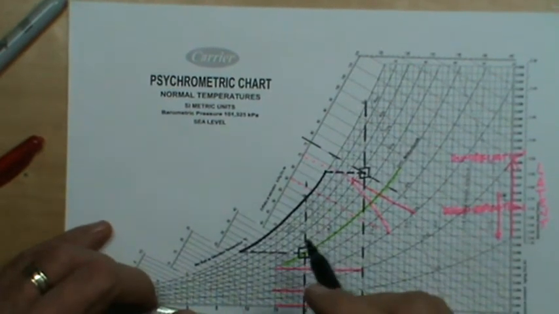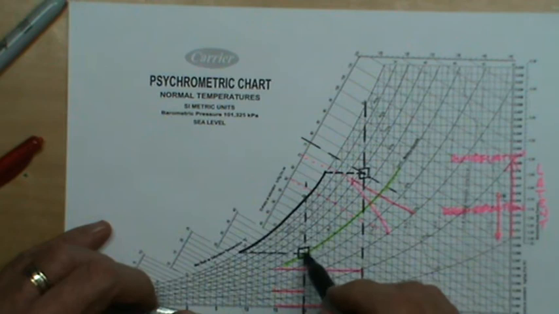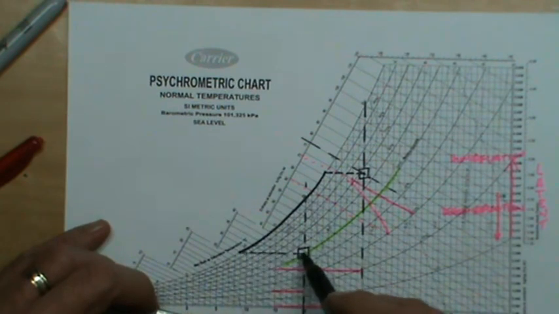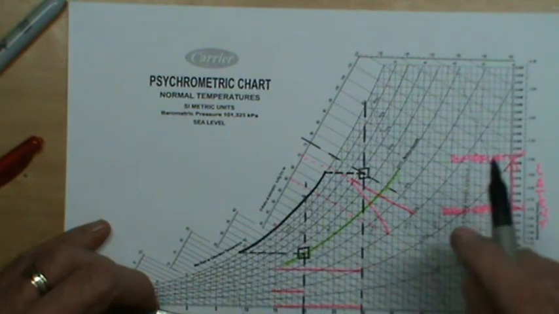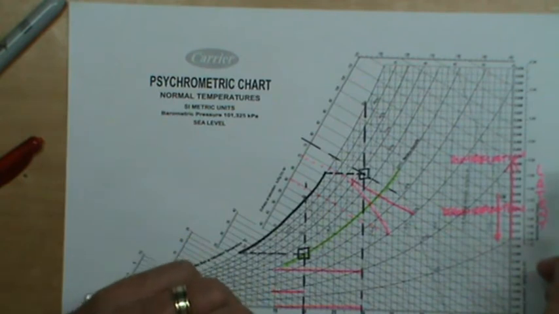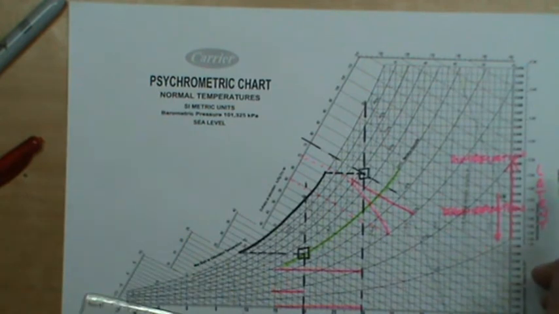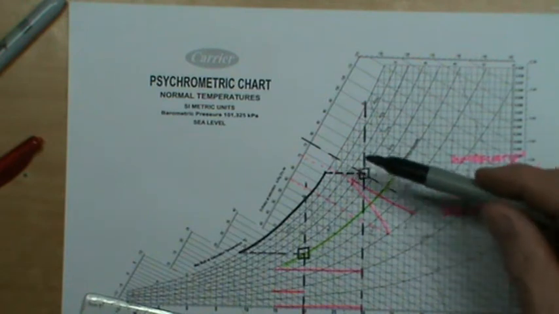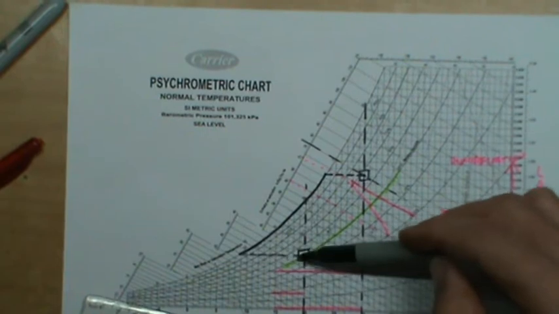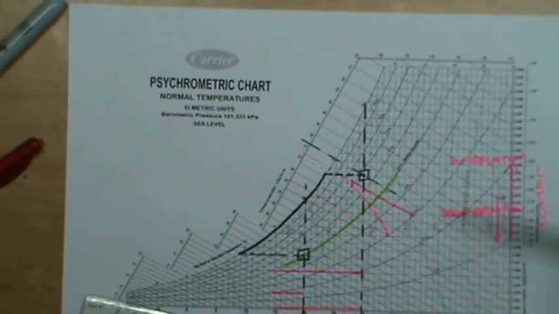And then, when it gets to this point over here, it heats up again until it gets up to 20 degrees. So in other words, we've effected a straight line process over there, shed water all the way down, and then a straight line process back to 20 degrees Celsius.